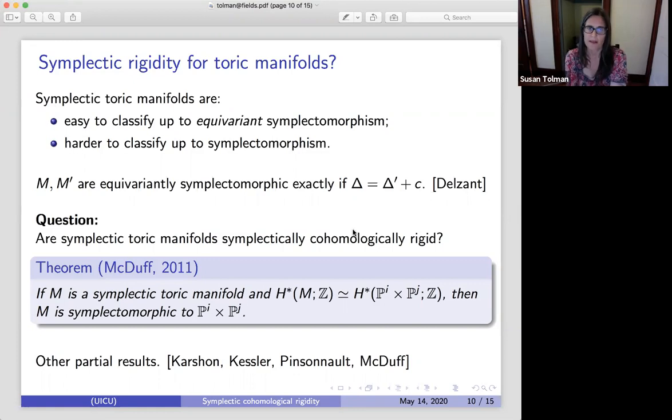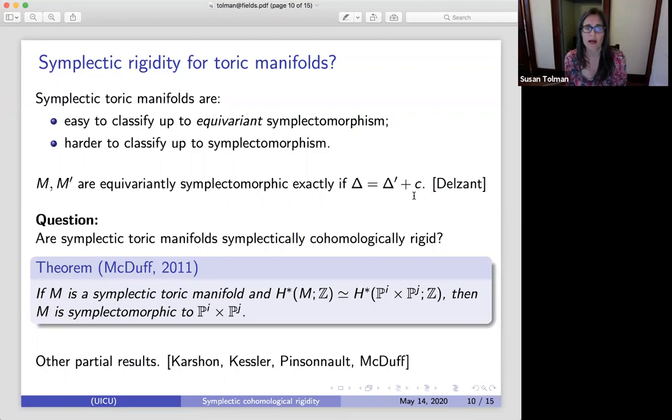It's obvious that if M and M prime are equivariantly symplectomorphic, then their moment polytopes differ by translation. And the theorem due to Delzant is that the converse also holds: if delta and delta prime differ by a translation, then the toric manifolds are equivariantly symplectomorphic. So the equivariant case is pretty easy.